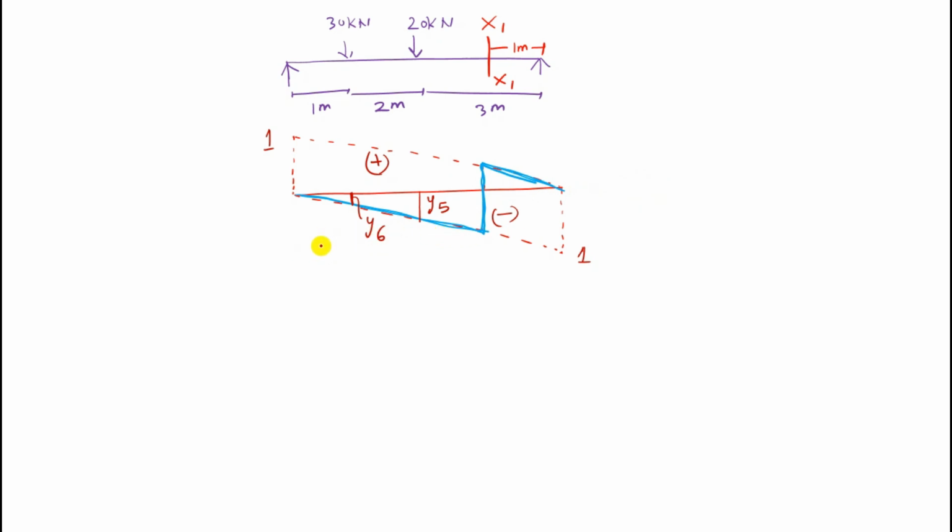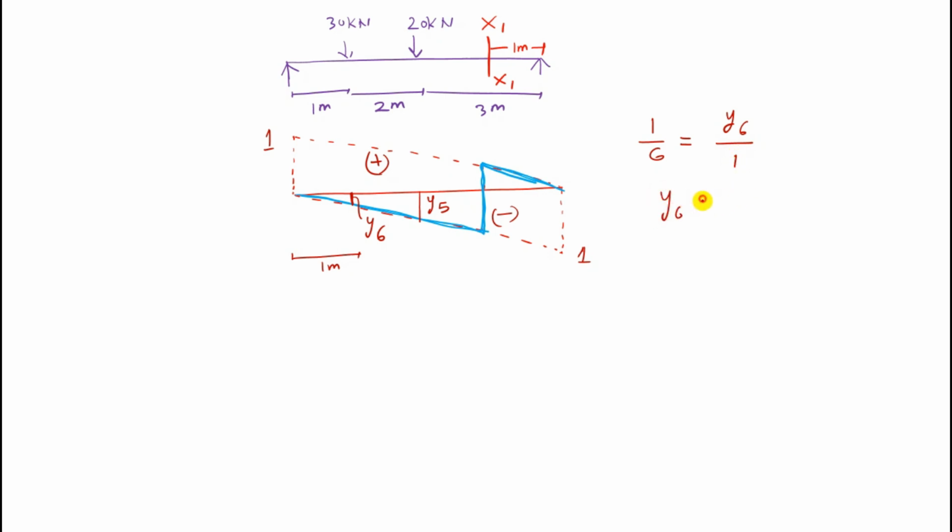Now this distance is 1 meter. So 1 by 6 equals y6 by 1.